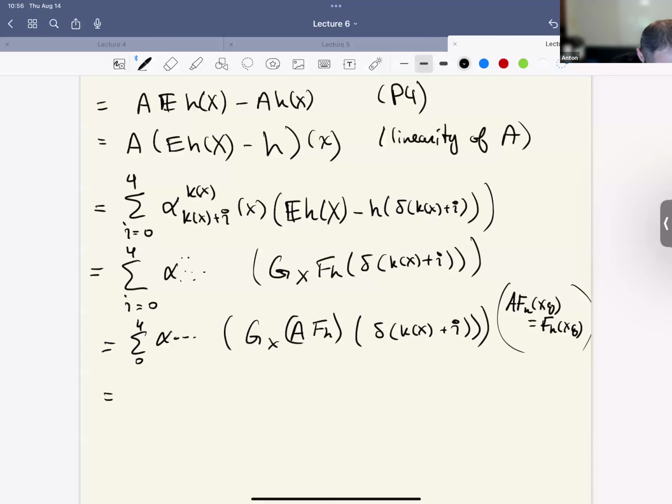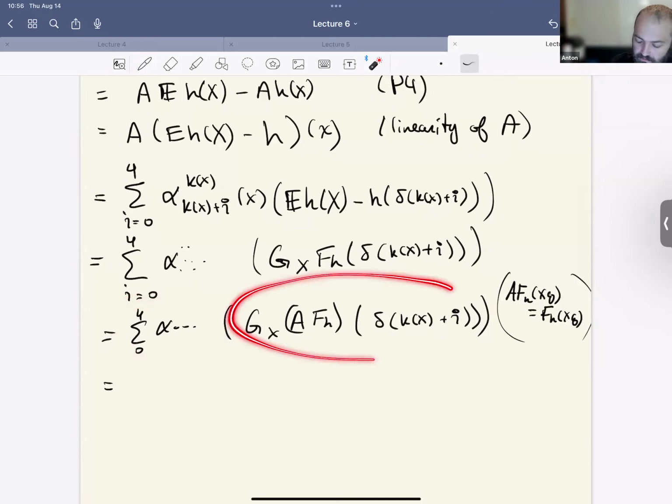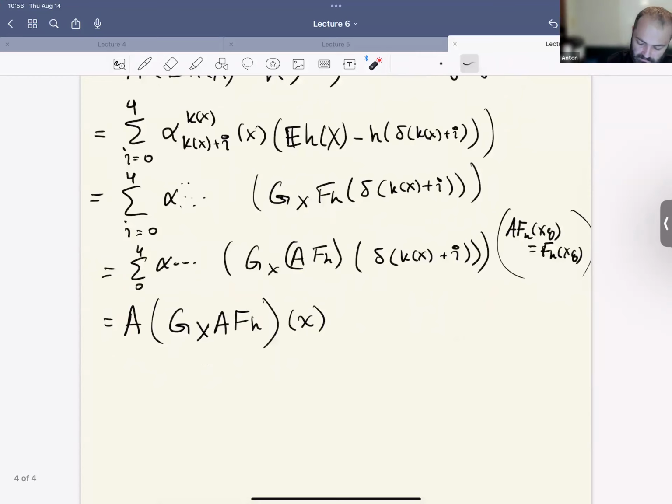Next, we notice that the last thing is simply applying a weighted sum representation to just a bunch of points. And this happens to be A applied to this function gx f sub h at the point x. So this may be confusing if you haven't seen it too many times, because I've got a lot of things. I have an operator, a function, okay? So the way you should think of it, f sub h is a function on the grid.